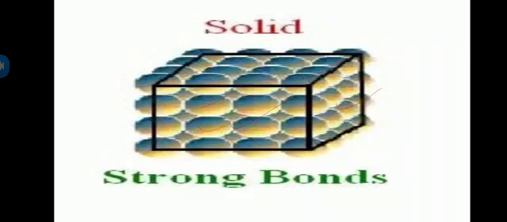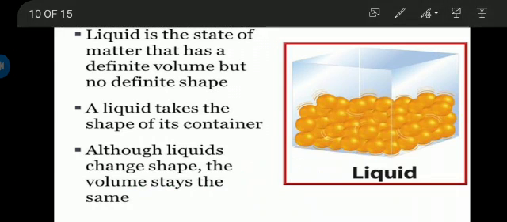Okay, so now is liquid. What is the liquid state of matter? So liquid is a state of matter that has a definite volume but no definite shape. That means a liquid doesn't have a fixed shape. Okay, it takes the shape of its container. What does it mean? It takes the shape of the container in which it is poured.